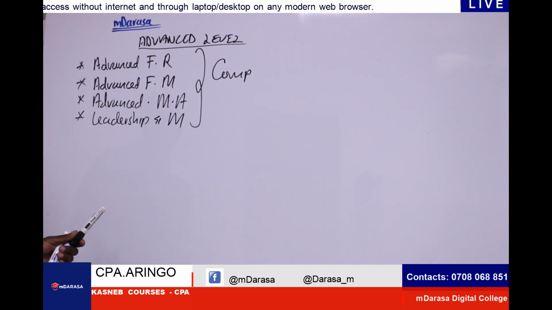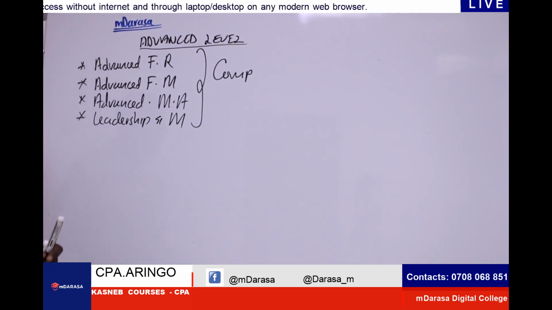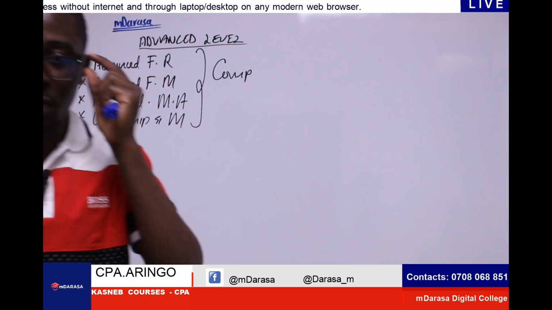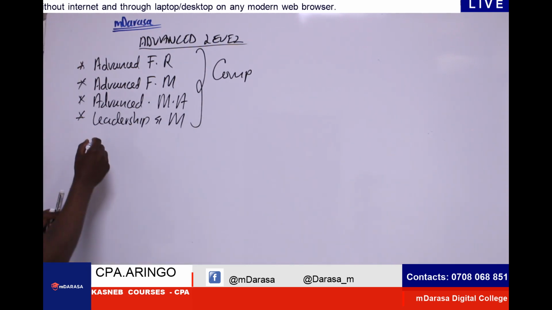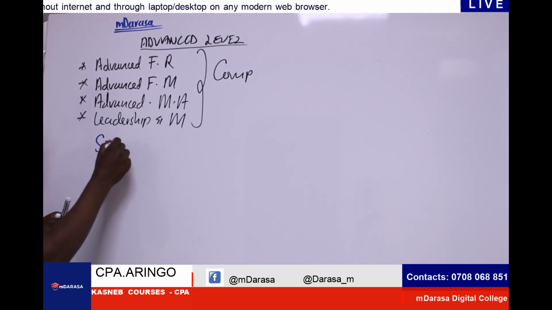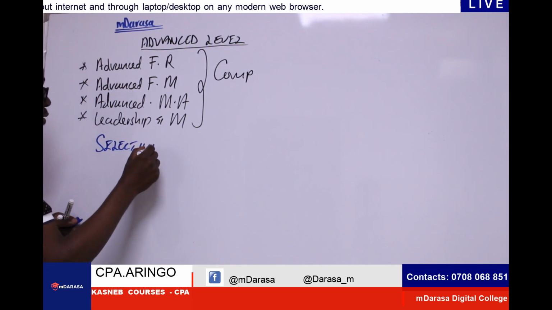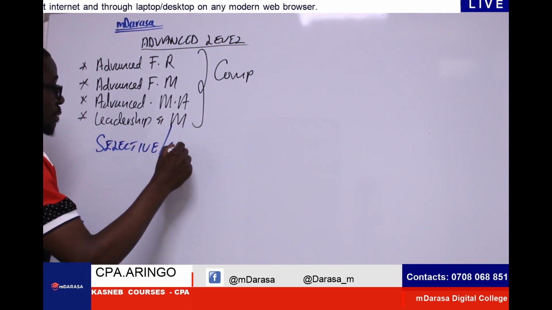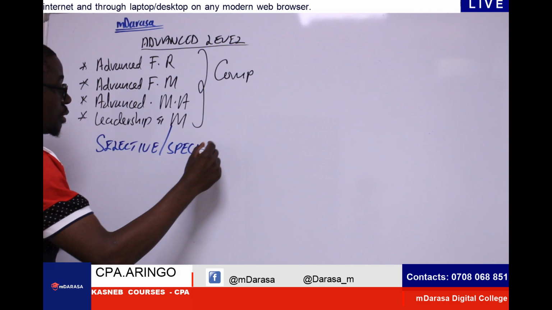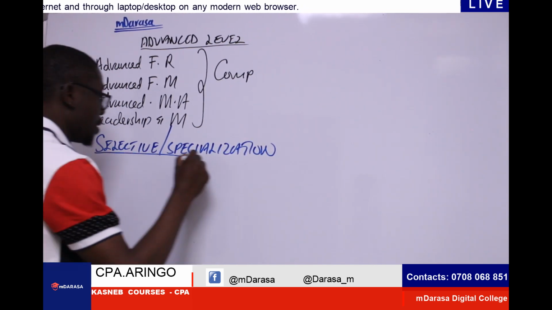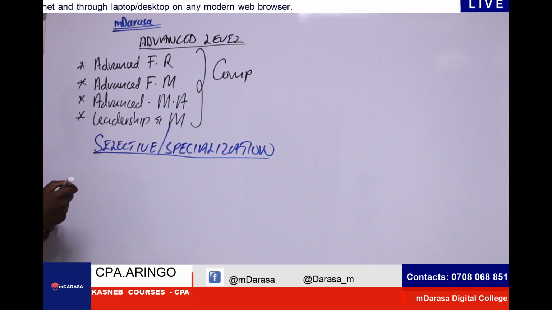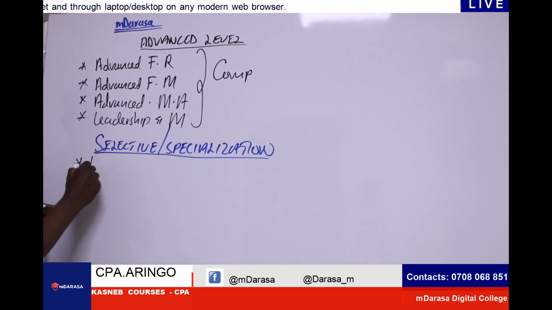Then, in addition to the compulsory papers, we also have the selective papers. You will be required to select one or two papers. Some of you term them as specialization papers. In this case, we have three papers. Number one, we have advanced taxation.